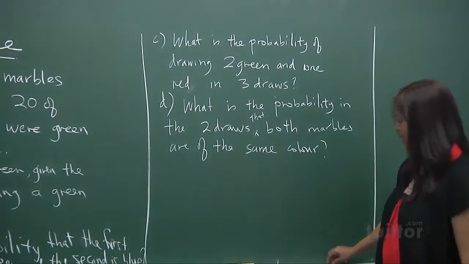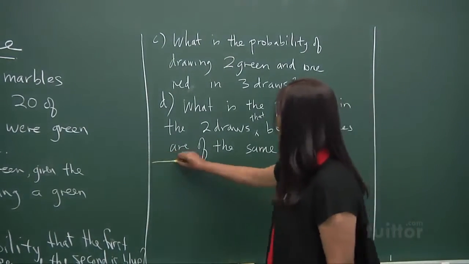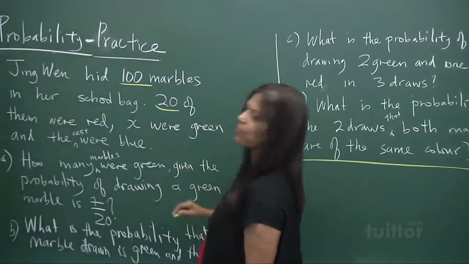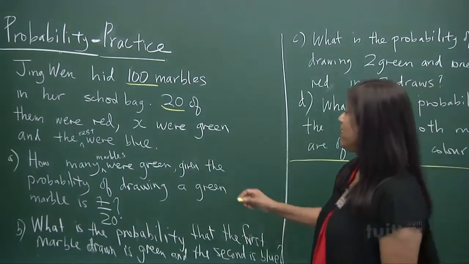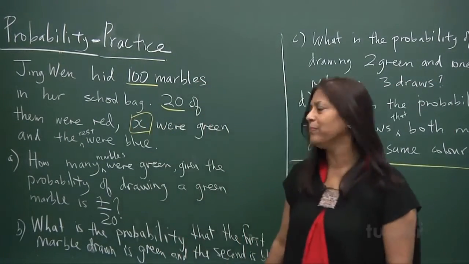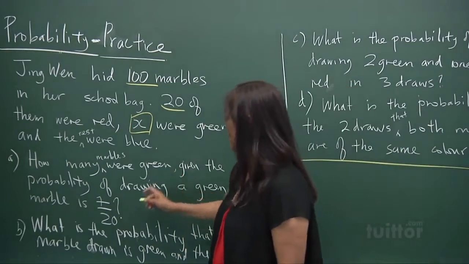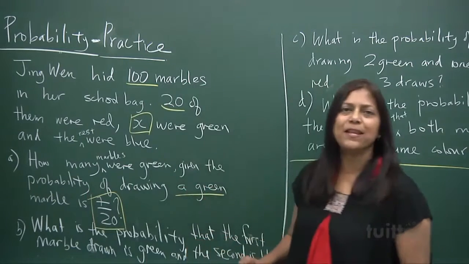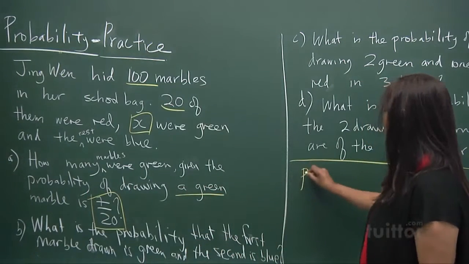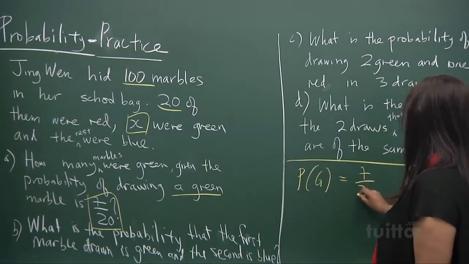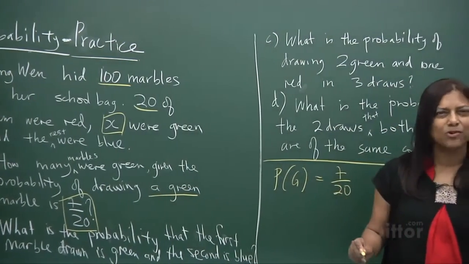Now let's look at this. You have 100 marbles, all right? 100 marbles, and 20 of them were red. And the probability of getting a green is X, and the rest is blue. And this important information, that the probability of getting a green is 7 out of 20. That's the proportion.